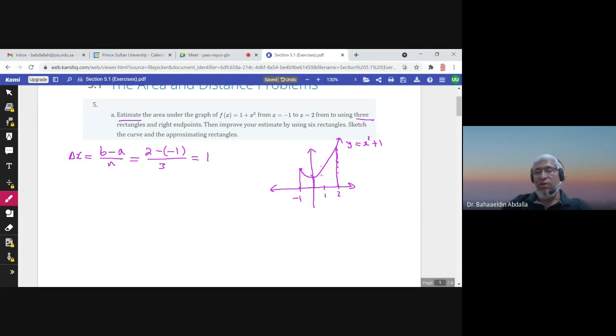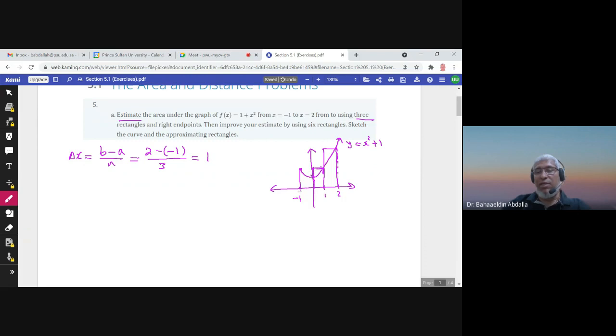So in fact, these are the 3 rectangles: 1, 2, 3, okay? Using the right endpoints, this would be the first rectangle using the right endpoint. The right endpoint here, so this would be the second rectangle.